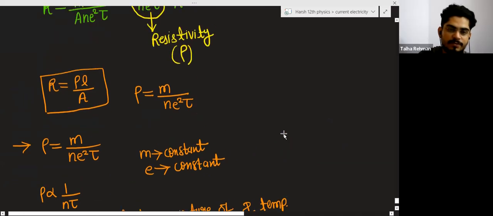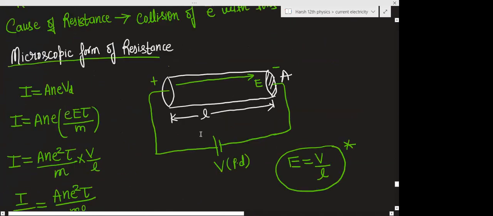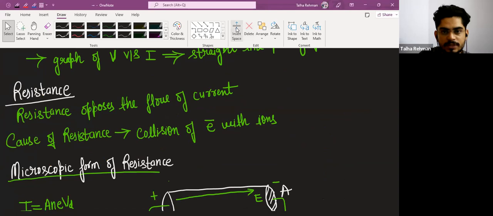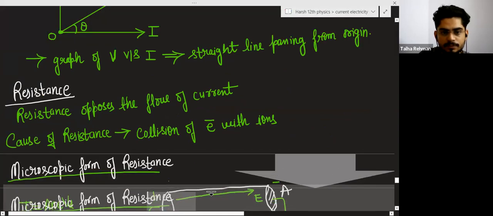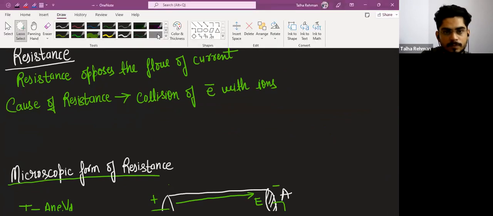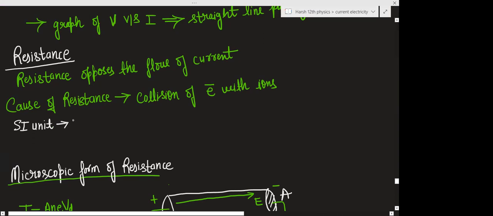One more thing I want to tell you: the unit of resistance is ohm. The SI unit for resistance is potential difference divided by current.